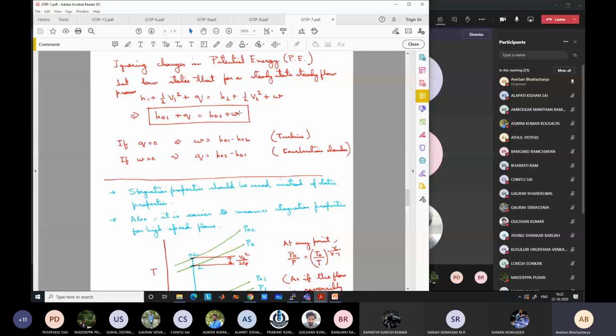Physically, it means that the energy of the fluid does not change in a nozzle or a diffuser. Energy is only converted from enthalpy to kinetic energy or kinetic energy to enthalpy. Static enthalpy increasing means internal energy is increased, but there is no change in overall energy of the fluid that is going through a nozzle.